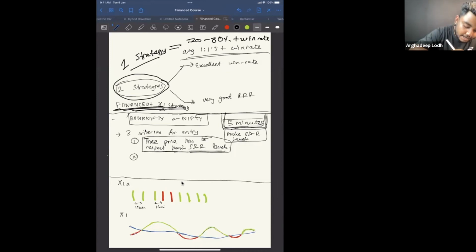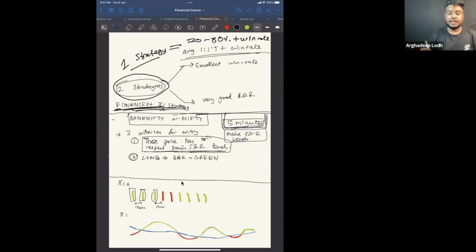The next criteria is while going long, the bar, ये जो bar है ना, we call this bars, okay? ये जो bars है, the bar has to be green.